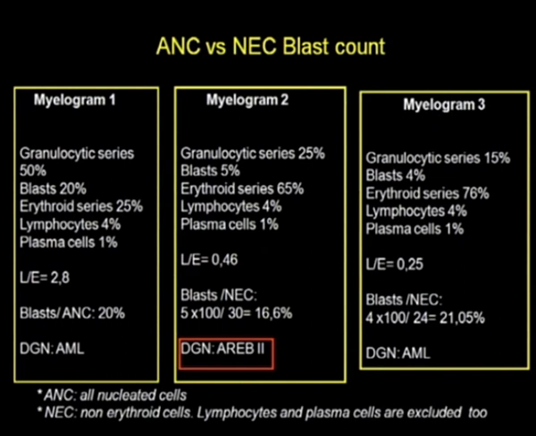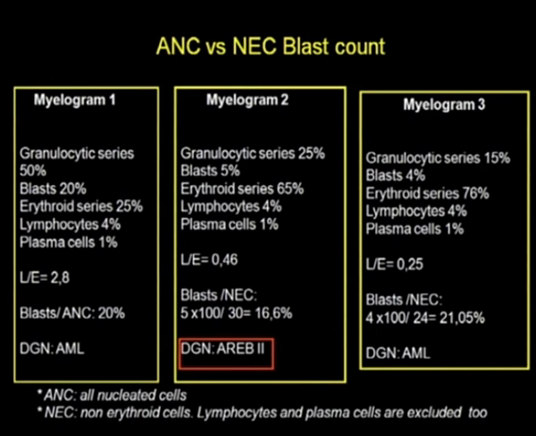In the third myelogram, we have 15% of granulocytic series, 4% of blasts, erythroids 76, and 4 lymphocytes, 1 plasma cell. Again, I have a leukoerythroid ratio negative, 0.25.